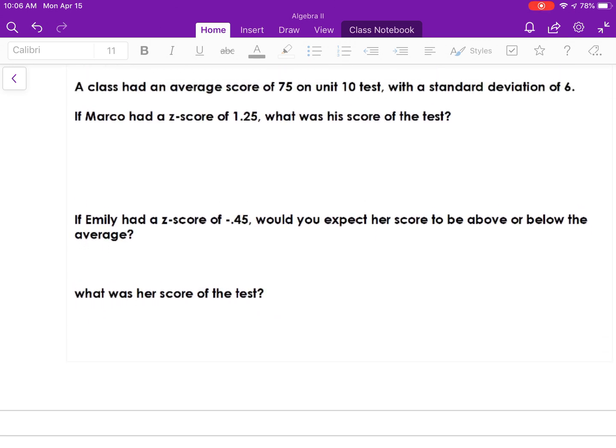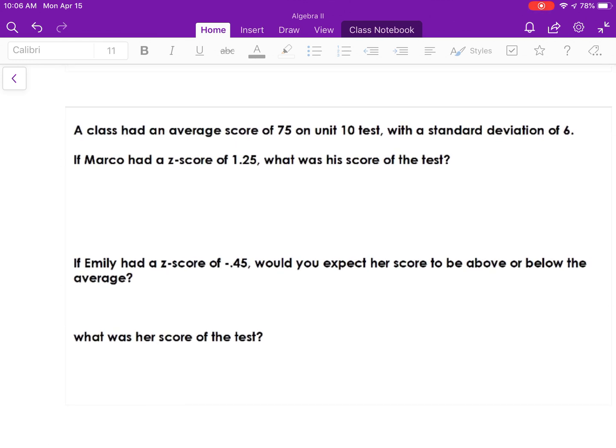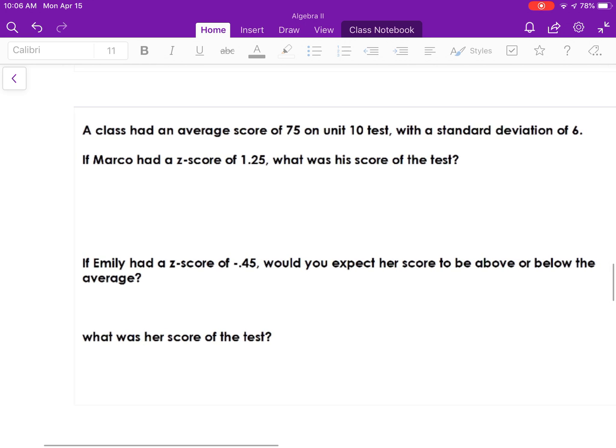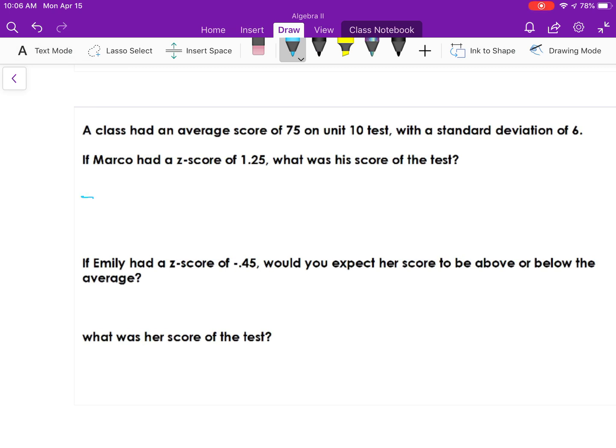Okay, so a class average has a score of 75 on a Unit 10 test with a standard deviation of 10. The Z-score is 1.25. So what I'll do is I'm actually given the Z-score, but not actually the raw score. And I'm going to write down the formula that I've been using to find these answers. And I'm just kind of putting in the knowns.